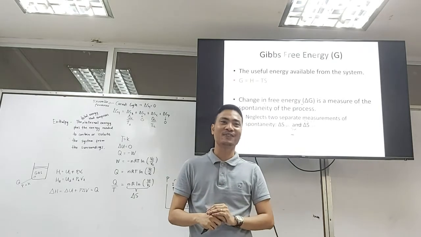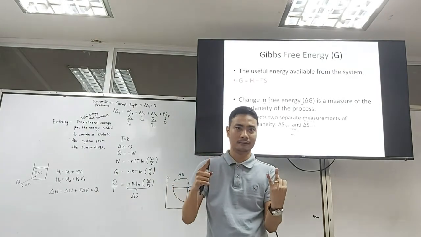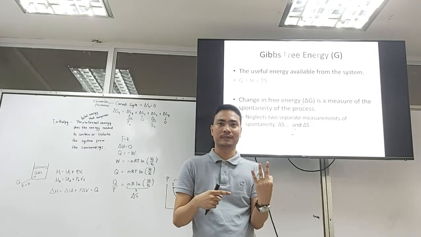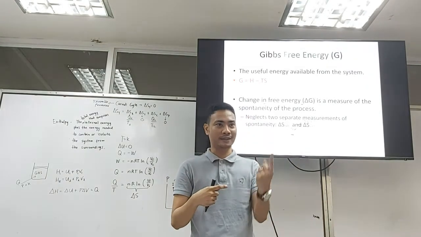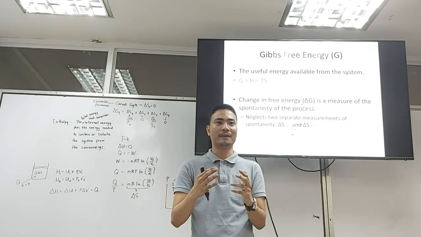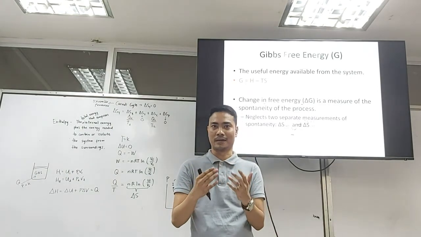Now we go to Gibbs free energy. We're done with entropy. We're done with enthalpy. Now we consider the Gibbs free energy. Now once we get the delta G na, yun na yung isang criterion na gagamitin natin for us to determine if a reaction is spontaneous or not.